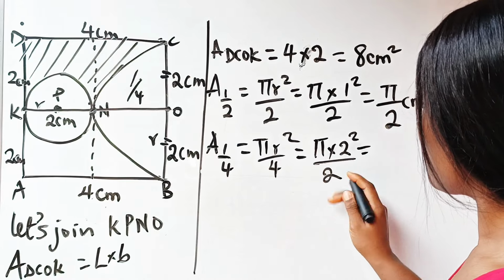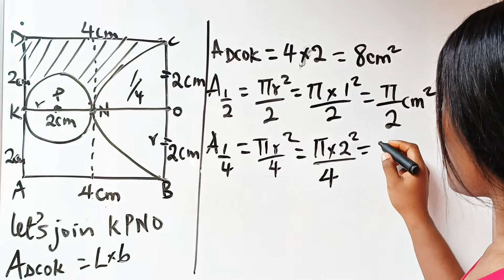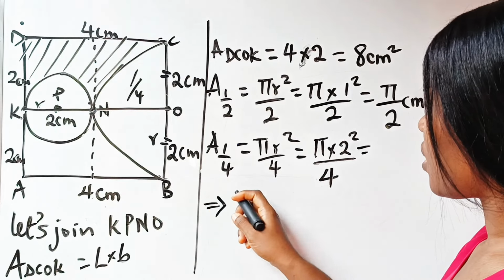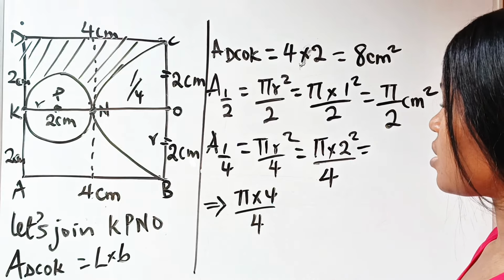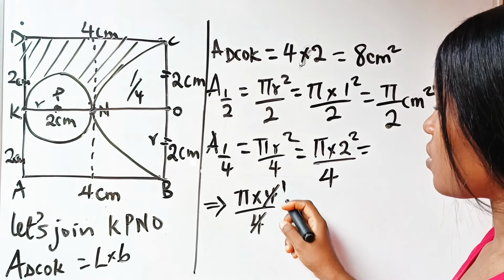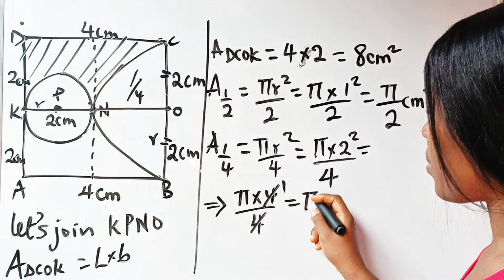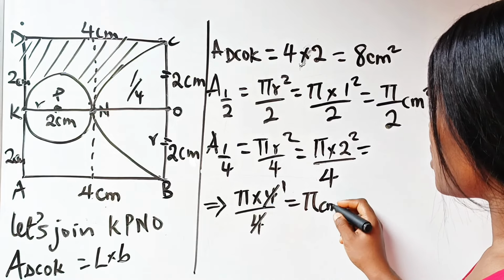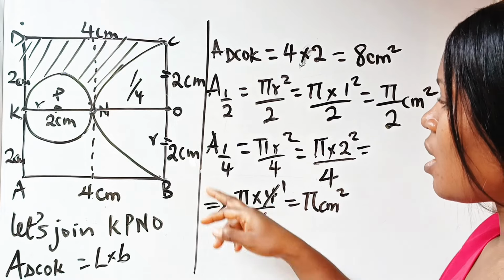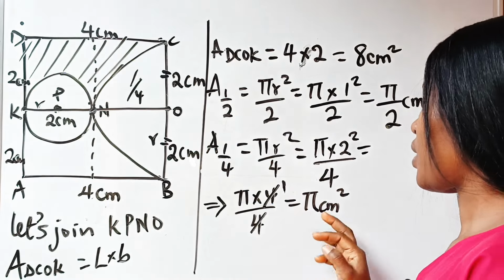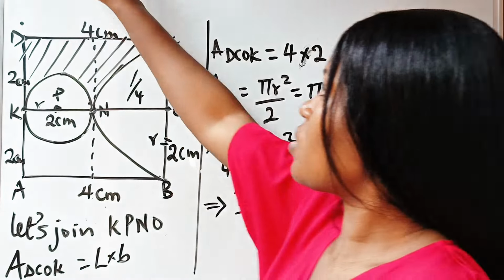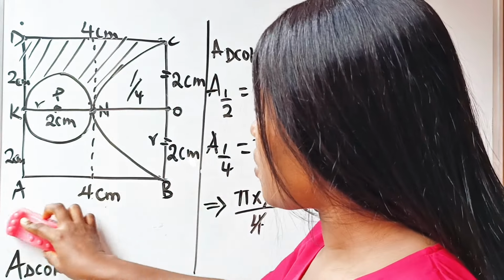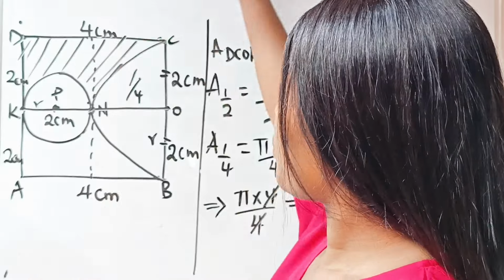So here we have over 4. So we are going to have pi times 4 all over 4, right? So that 4 will divide itself to give us 1 times pi is pi. So centimeter squared. So it means that the area of the quarter circle is pi centimeter squared. So let's go ahead and write those things down.